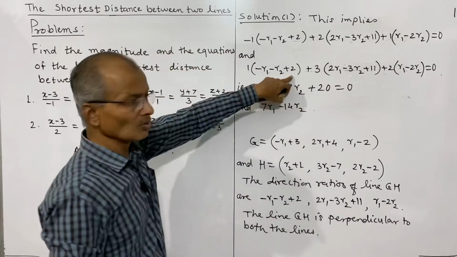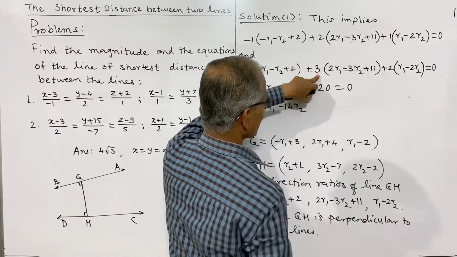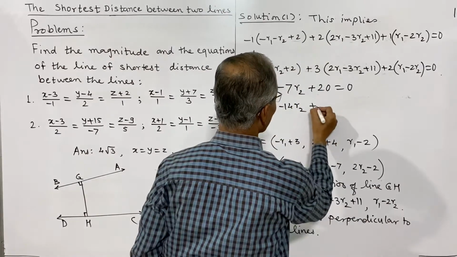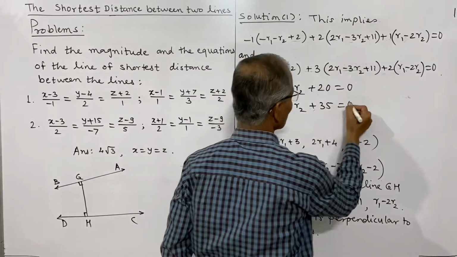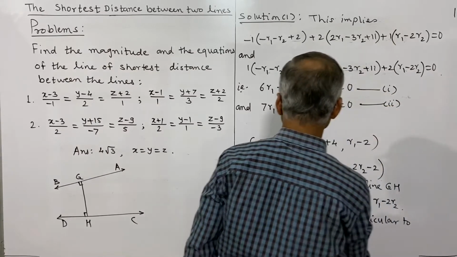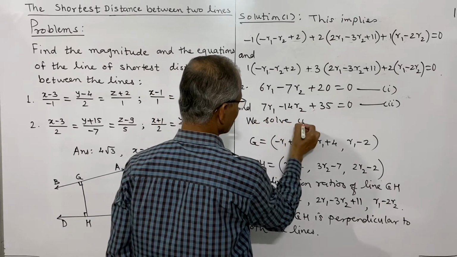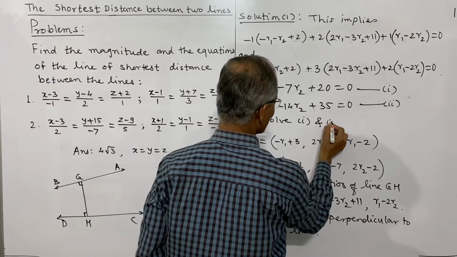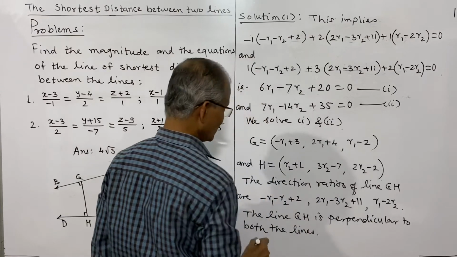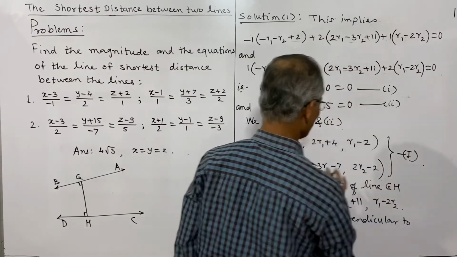Constant is 2 plus 33, that is 35, is 0. So we solve 1 and 2. So these coordinates we require, we suppose this as statement 1.